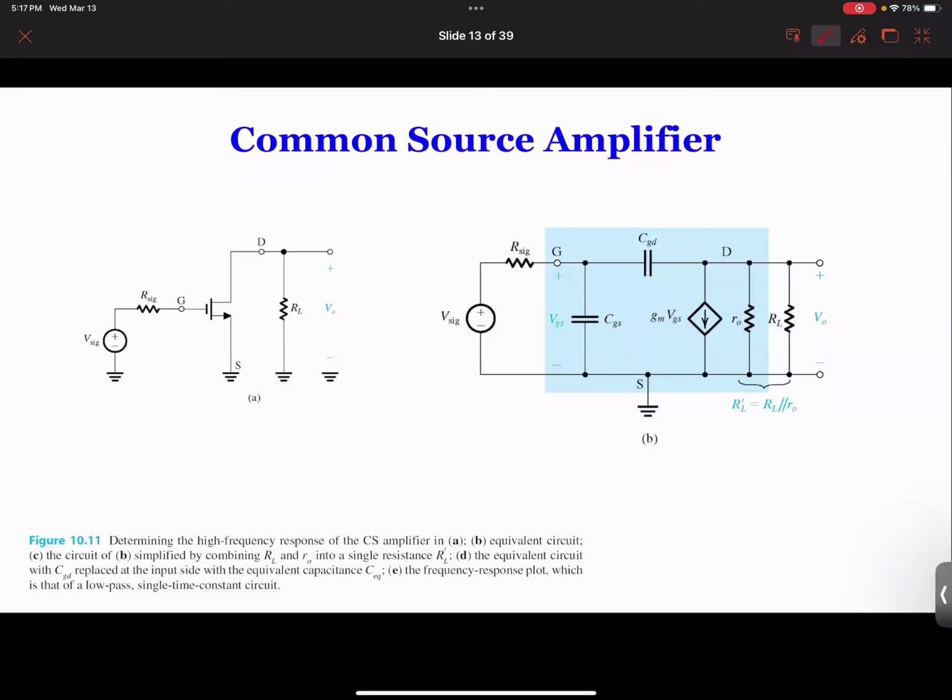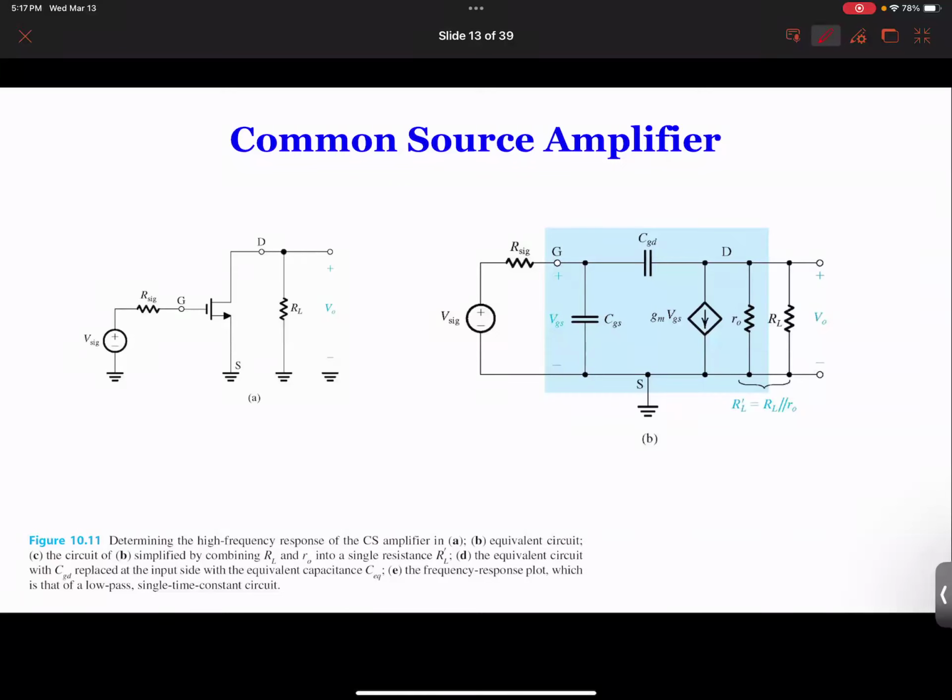So in order to get voltage gain, we need to start with the equivalent circuit. In this case, we have a common source amplifier. And in the common source amplifier, you notice that we basically draw the small signal circuit only. We didn't draw the current source or the voltage source, the DC part. So everything is reduced to a small signal.